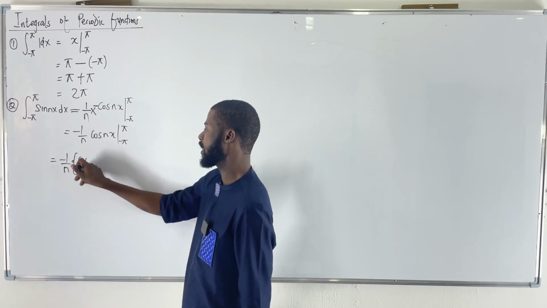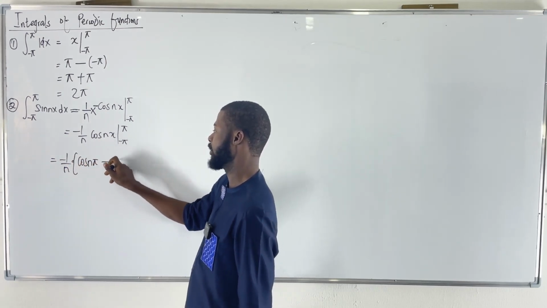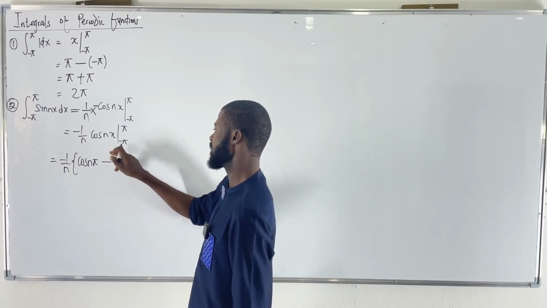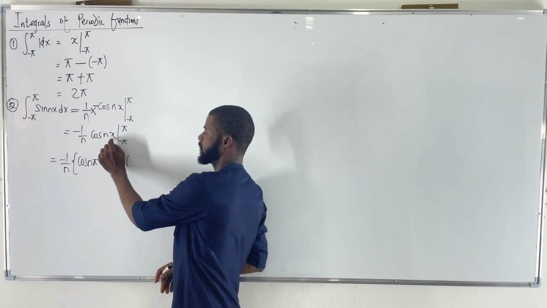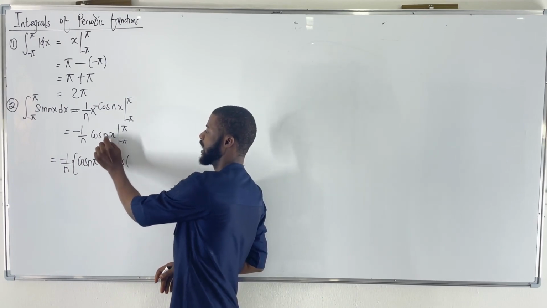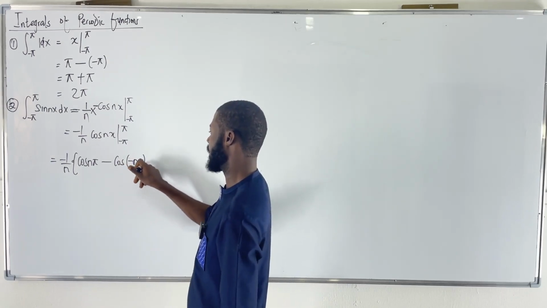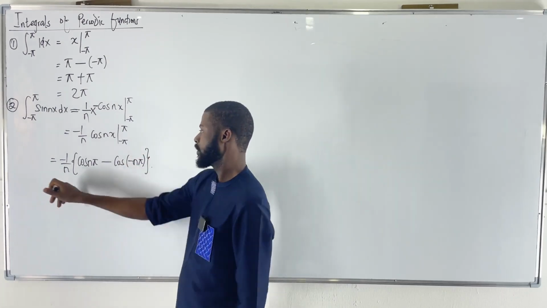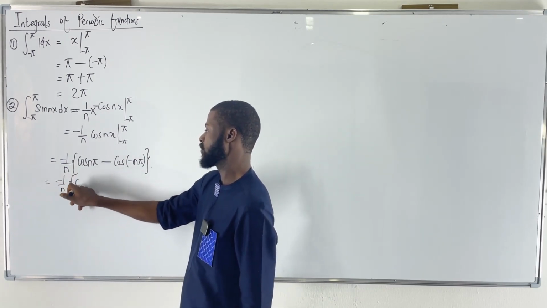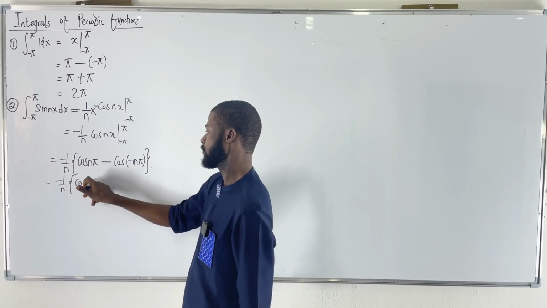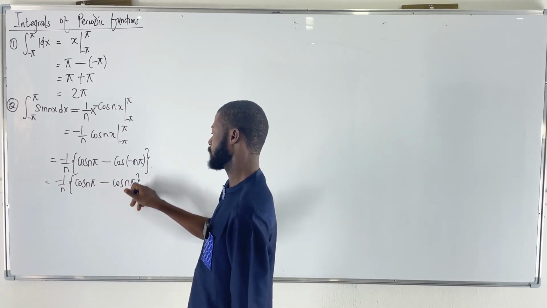The upper limit gives cos n pi, minus the lower limit, cosine of n times minus pi, that's minus n pi. So this is minus 1 over n, cosine of n pi minus cosine of n pi.